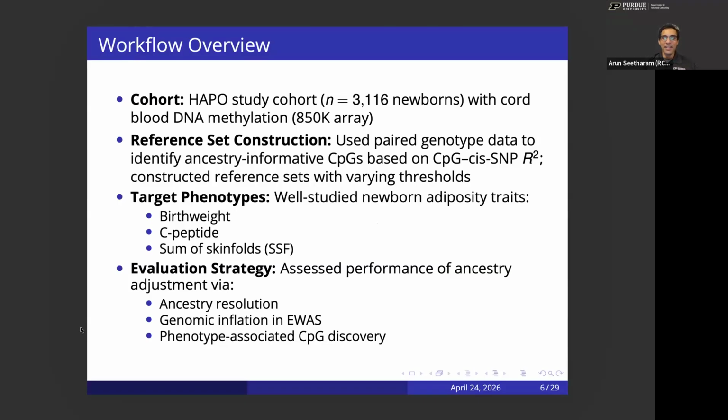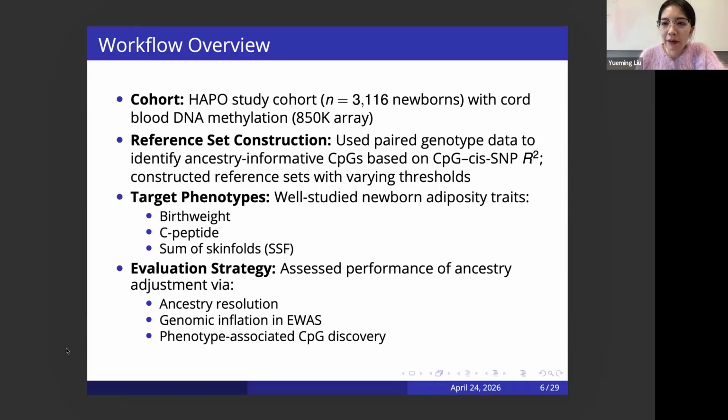So if someone is running an EWAS today, would you point them to the HAPO reference versus the original CORA-based epistructure? Is there a rule of thumb for selecting one of them? I think it depends. CORA is just a European population, so maybe I think CORA may be more appropriate.